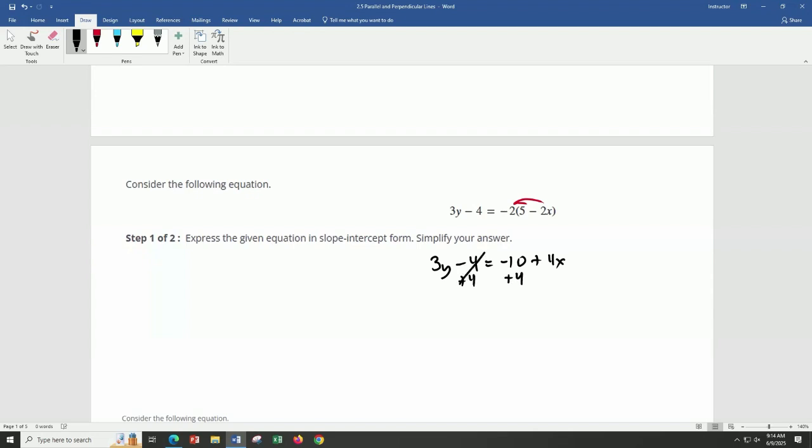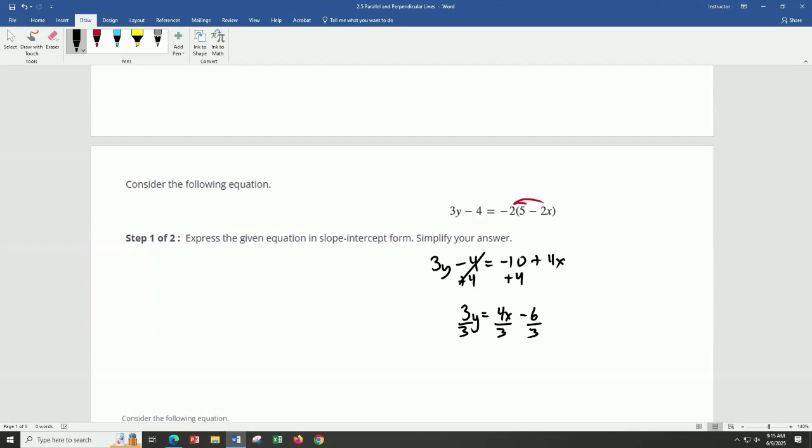That cancels it out over here, and I get 3y is equal to, I think at this point, wouldn't you say, let's go ahead and start getting it in the form we know it should be in? Let's move that x closer to that equal sign. So I'm going to put the 4x right here. -10 plus 4 gives me a -6.